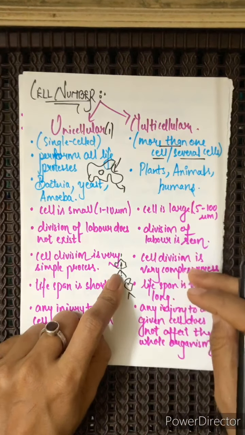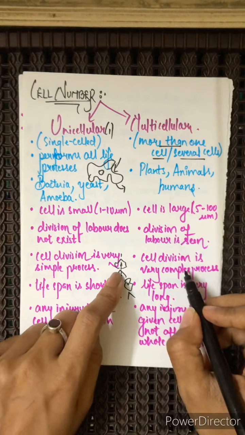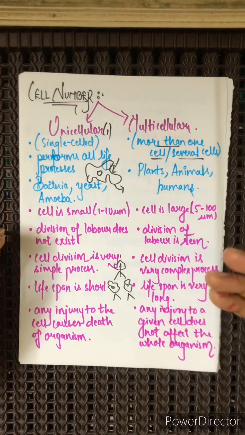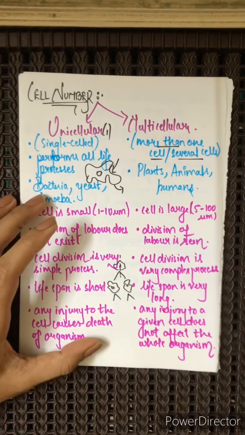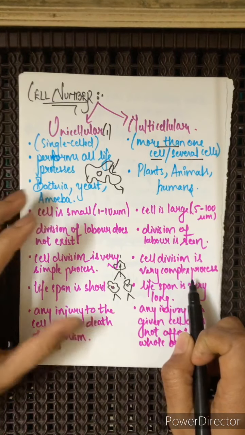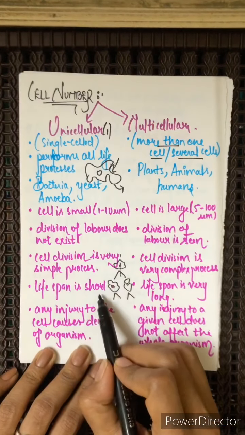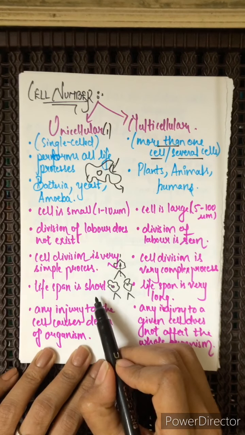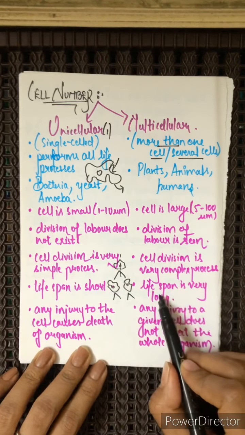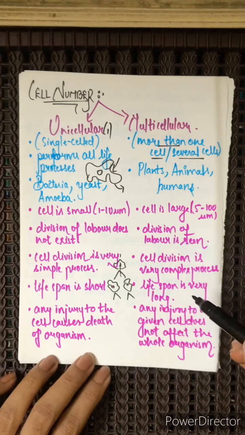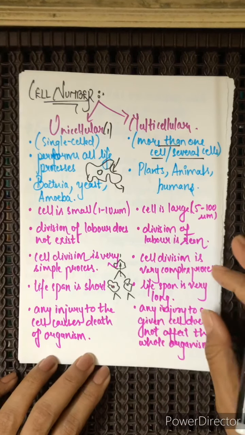But if we talk of plants, animals, human beings, we are made up of many cells. So cell division includes various steps such as mitosis and meiosis, and therefore it is a very complex process. And if we talk of the unicellular organism, their lifespan is short. They do not live for a longer span of time. Rather, in the multicellular organism, the cells live a comparatively longer span of time.